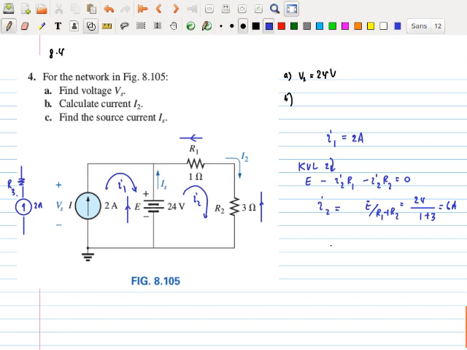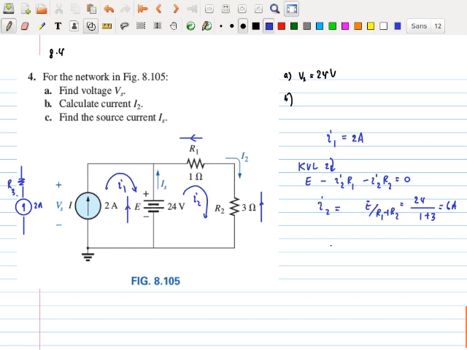Now did we understand this? You need to understand this because that's what I'm going to give you in the exam. It's kind of good to know this, right? So it would not have changed the calculations. Still you would get I2 equal to 6 amperes and I1 equal to 2 amperes.